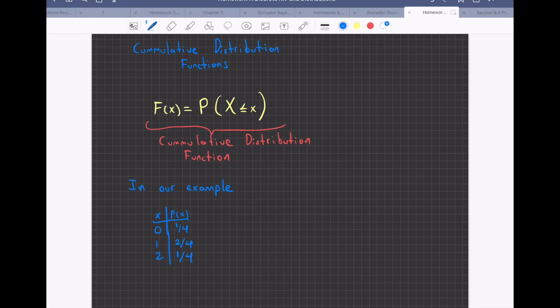What is, for example, F of 0? F of 0 is the probability that the random variable is less or equal than 0. This means only the probability that x equals 0, because we have nothing below 0. And this is only 1/4. So capital F of 0 is only 1/4.